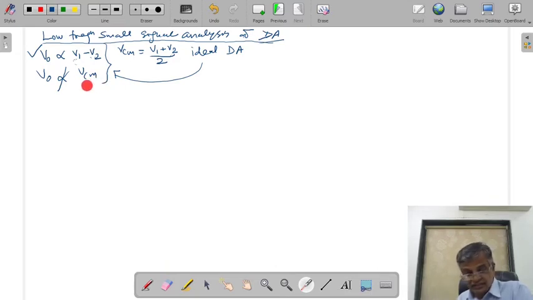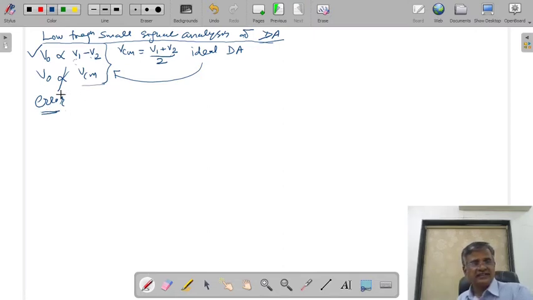Due to this reason, error is produced in the output. In the last semester, we calculated the error due to the common mode signal. You recollect, we did two numericals showing the effect of the common mode signal in the output of the differential amplifier. So due to this common mode signal, error is produced.